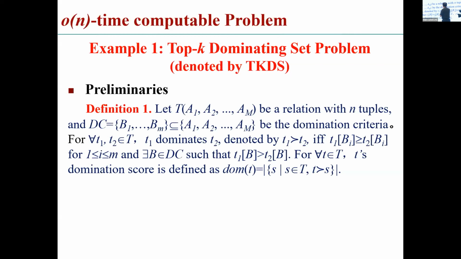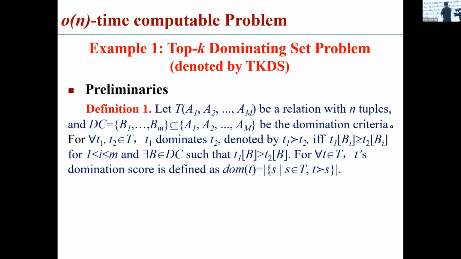So DC is called the dominating criteria.